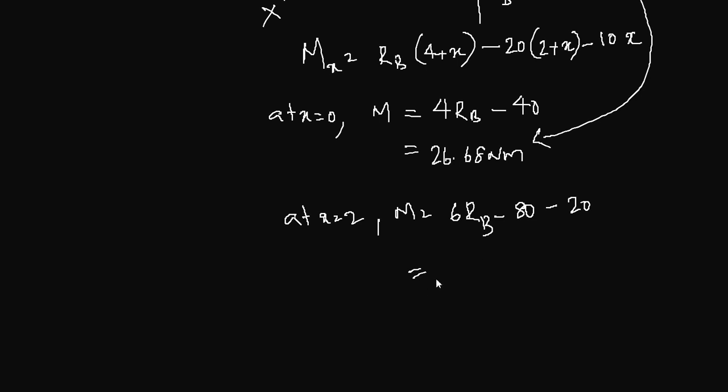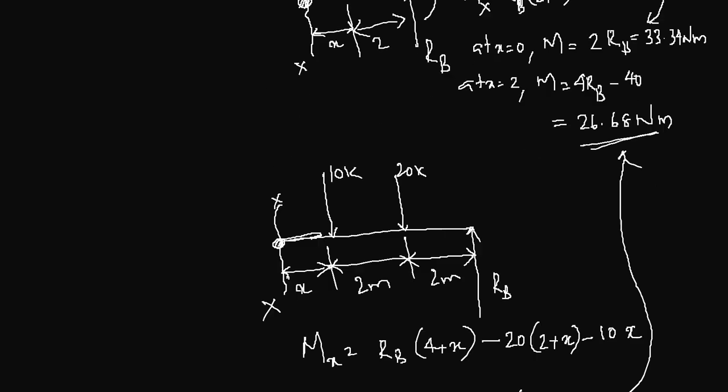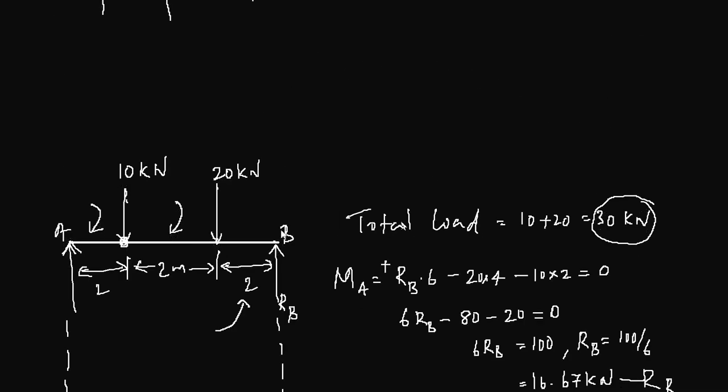So that will be 0. If you take 16.67, you will get 0.002 or something, but you need to consider that RB is 100 over 6. So if you substitute that value in here, you will get 100 minus 80 minus 20, and that will be 0, which is the moment at the last point, at point A.